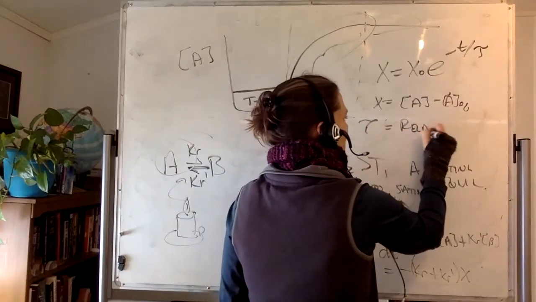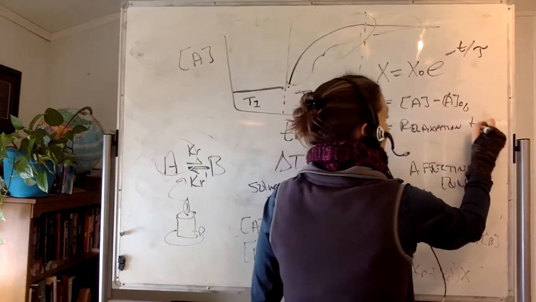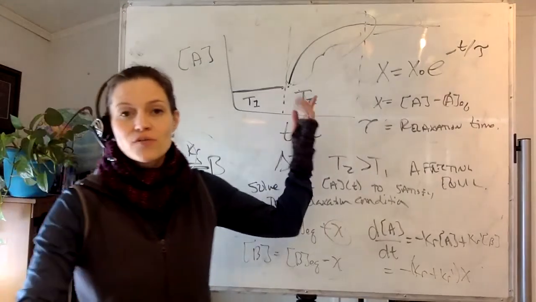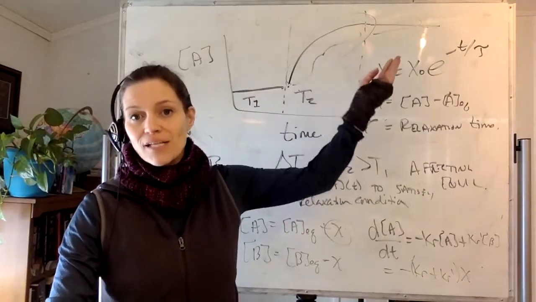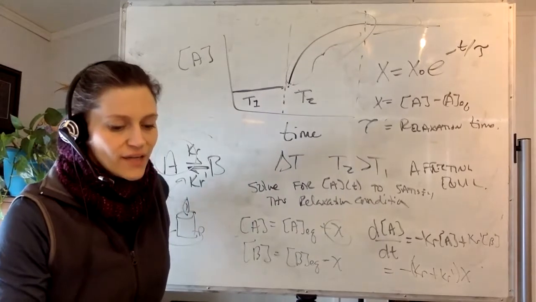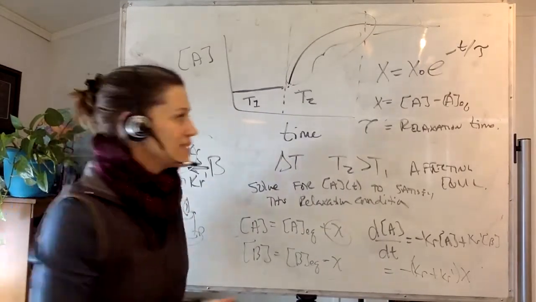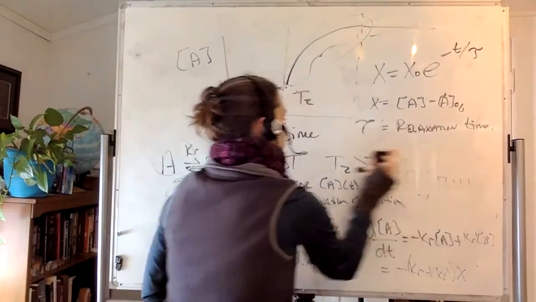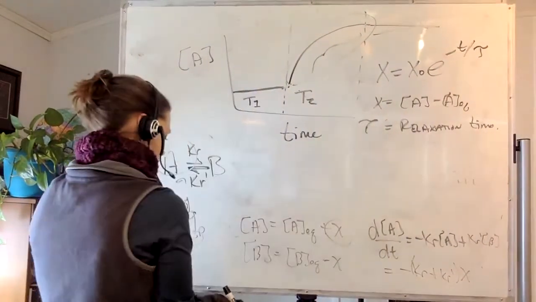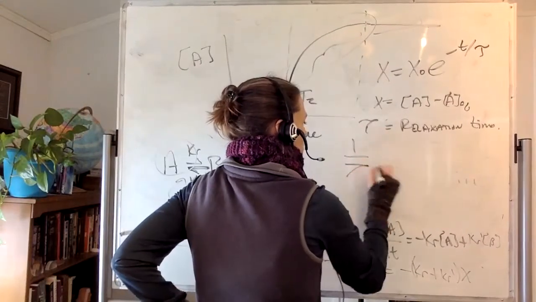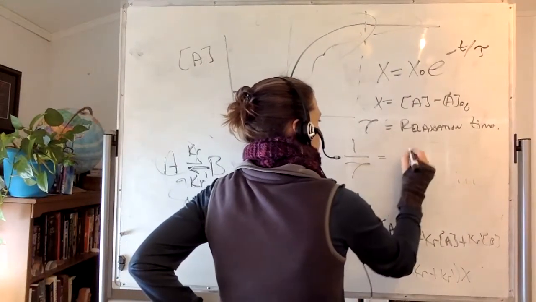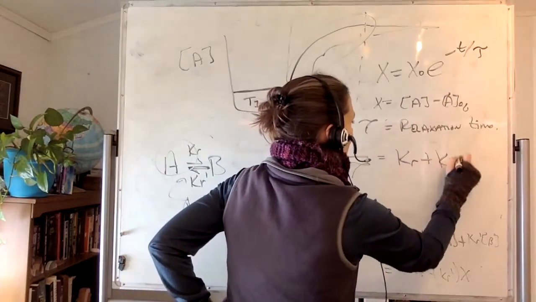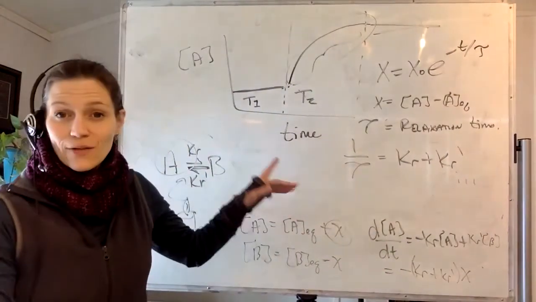So this is known as the relaxation time. Okay, and that relaxation time is the time associated with the relaxation to get back to equilibrium. And it can be related to the rate constant, where 1 over tau is equal to Kr plus Kr prime for this particular example.